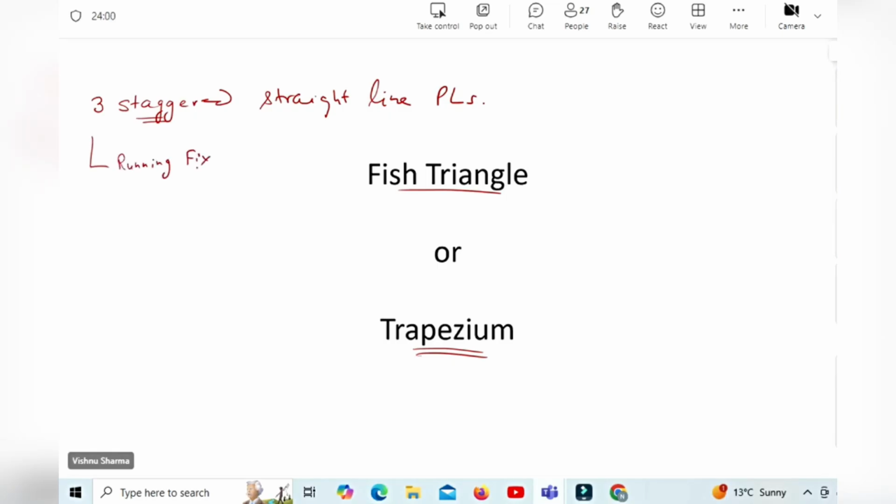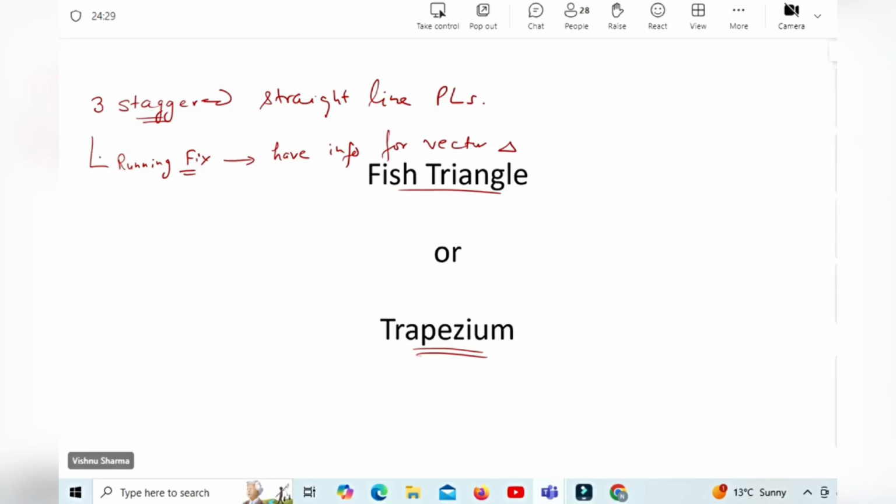Yes, but for running fix, you should have the information to close the vector triangle. Staggered observations can first be handled by running fix, right? For which you need information to be able to close out the vector triangle.